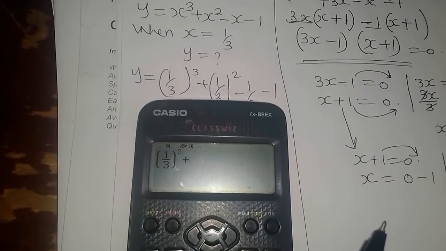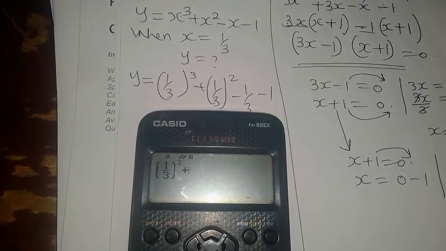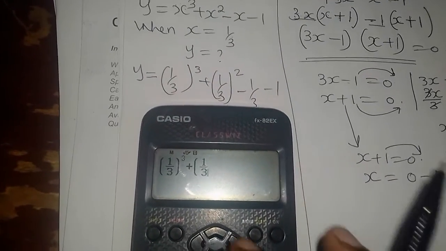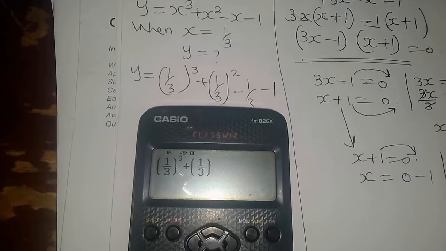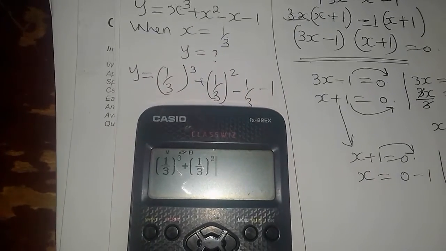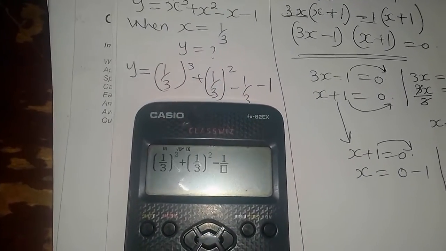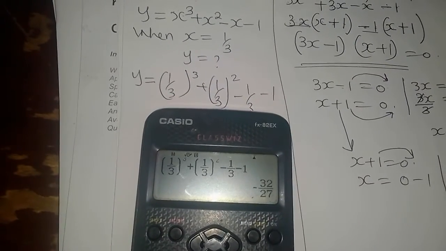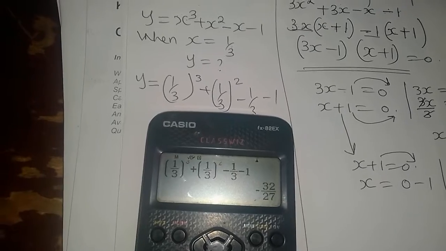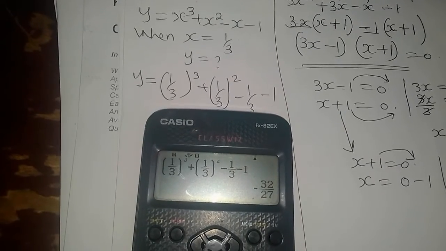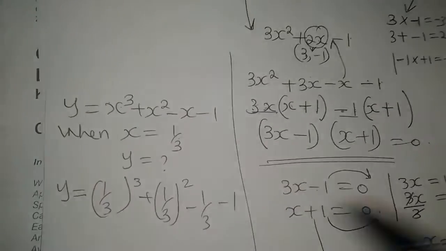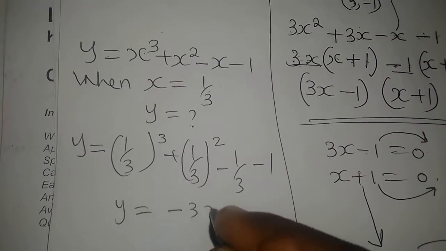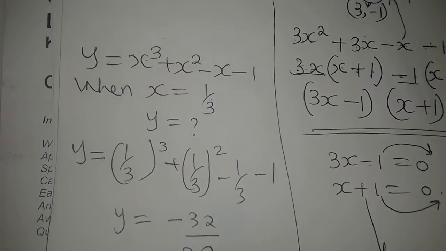Then plus again, open brackets 1 over 3, close the brackets, then squared. Great. Then minus 1 over 3, then minus 1. So the answer is negative 32 over 27. Good. So that means the value of y here is negative 32 over 27.